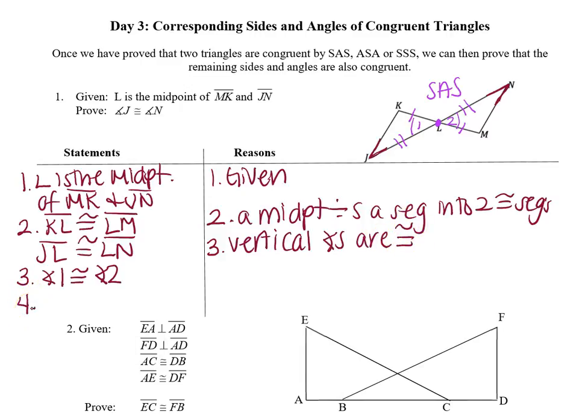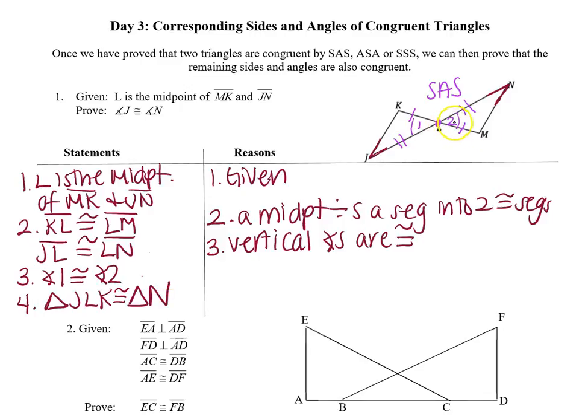Okay, now I have everything so far to prove that the triangles are congruent. I have side, angle, side. So triangle, now be careful on how you say this. If I say triangle JLK, I have to make sure when I name the next triangle, the angles that are corresponding match up. So J corresponds with N in the other triangle.